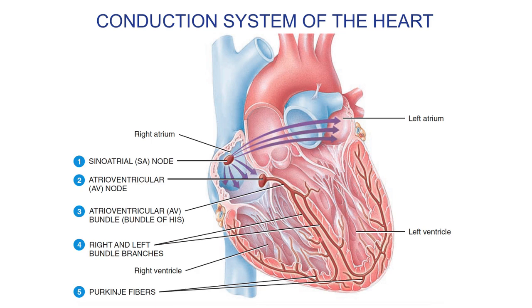Now the action potential will spread through the left and right bundle branches, and then at the apex of the heart, through the moderator band, the information from the right bundle branch will go on the lateral wall of the right ventricle.